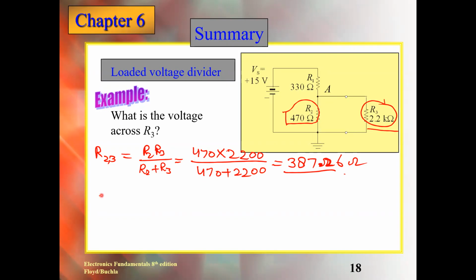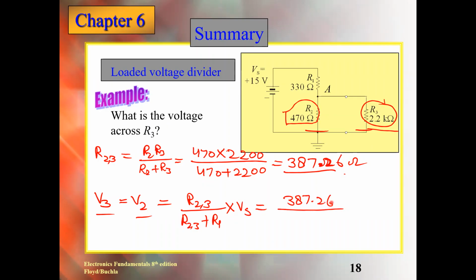Once you get it, now you can calculate V3. And you know V3 is equal to V2. They will be the same because now they are in parallel. So V3 or V2 is R2,3 over R2,3 plus R1 multiplied by Vs. Now put the values: 387.26 over 387.26 plus 330, multiplied by 15.